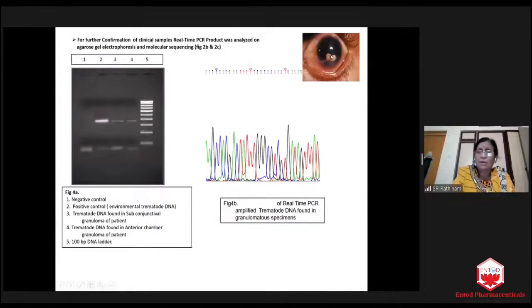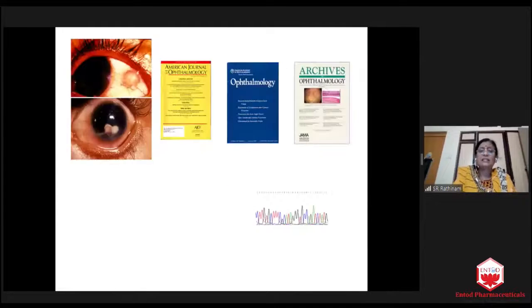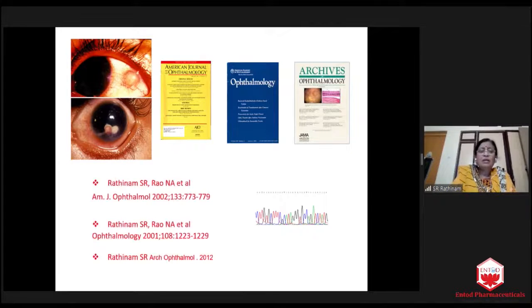We took this sample as well as environmental samples, and then the BLAST analysis showed us the result that it is Procerovum varium, which is a trematode. And this we published in the American Journal of Ophthalmology, Ophthalmology, and Archives of Ophthalmology, long back, 2002, 2011 and 2012.